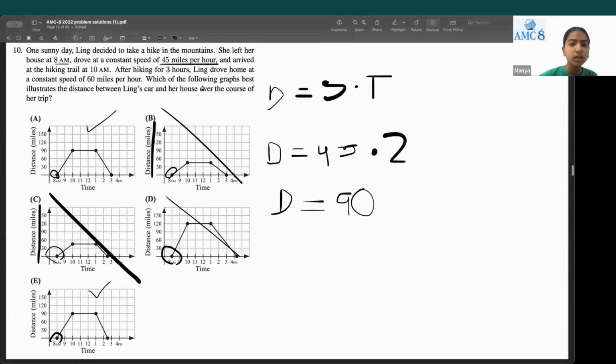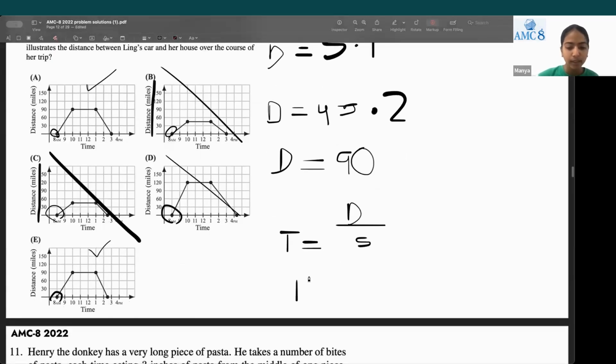We also know that she hiked for 3 hours, and 3 hours from 10 a.m. is 1 p.m. So both of these show 1 p.m. And then she drove at a constant speed of 60 miles per hour. To find the time, time is equal to distance over speed. This is the formula to find the time. Time is equal to distance, which is 90, over the speed, which is 60.